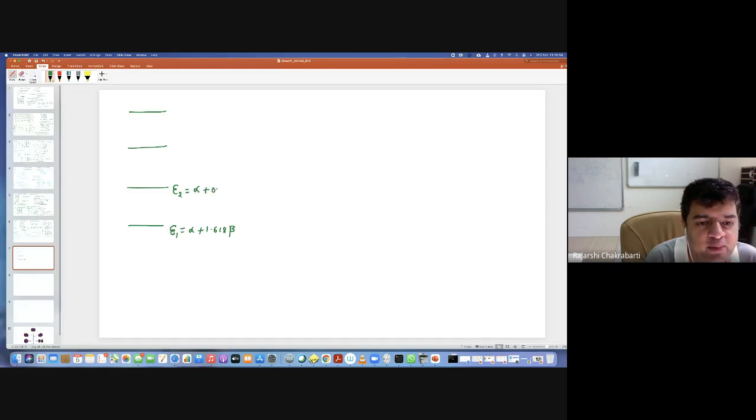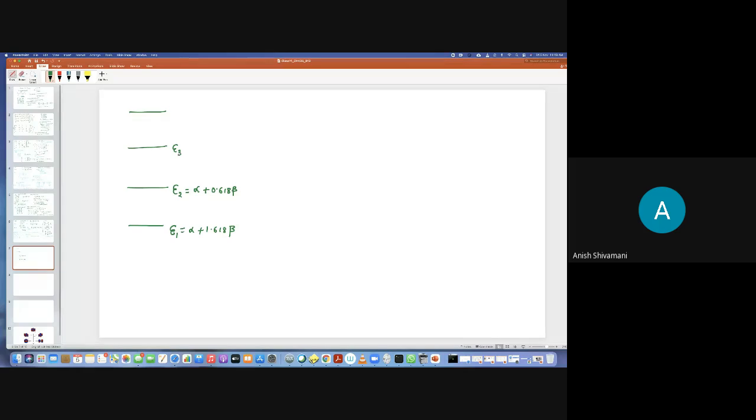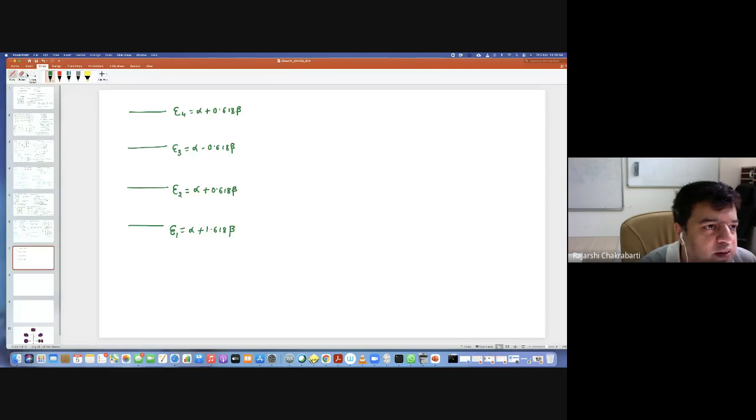This is alpha plus 0.618 beta, no? Has to be. What will be the next one? Can you guess? Alpha minus 0.618 beta. Okay, these are the energy levels, and there will be corresponding phi's. I'm not going to calculate, I'm going to write it down.